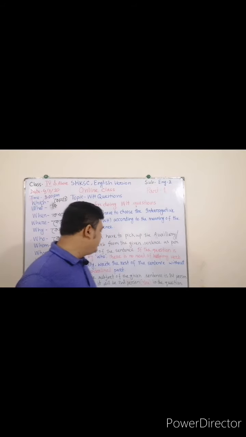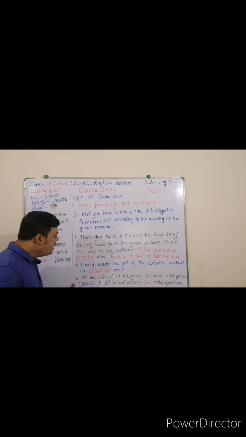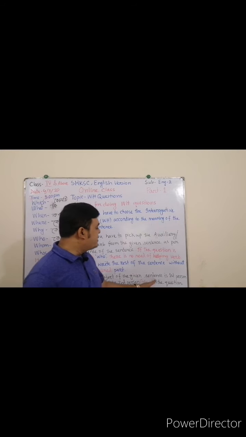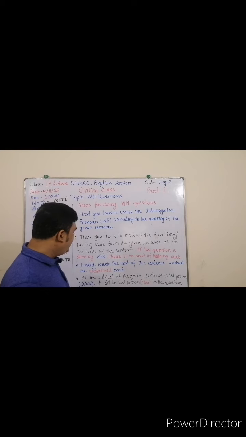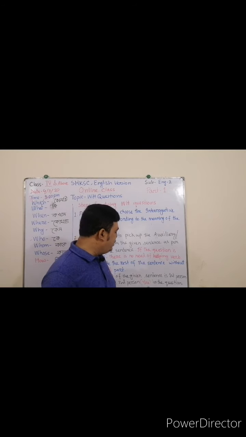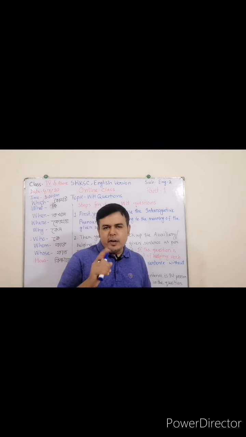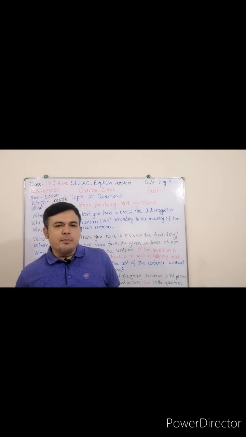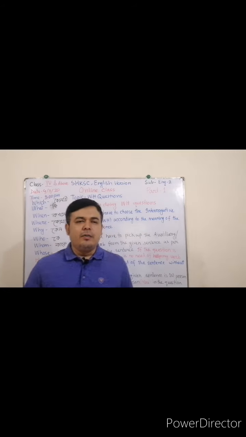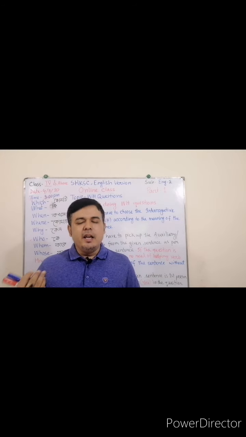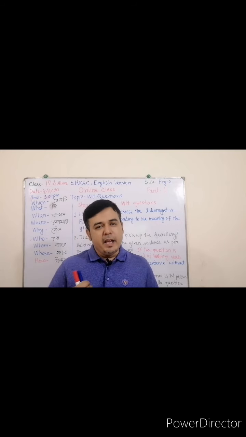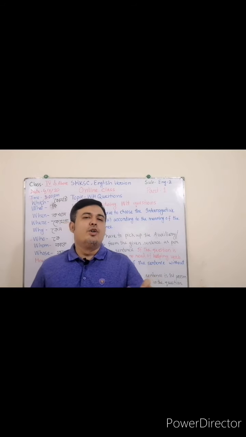Okay? And number 4, if the subject of the given sentence is first person I or we, it will be second person you in the question. Very much important. For example, my name is Ferdaus, but my is first person possessive.